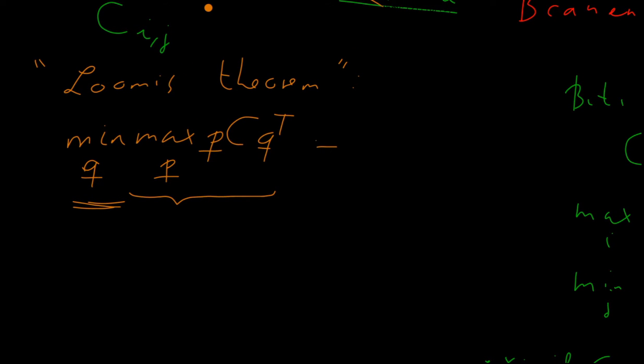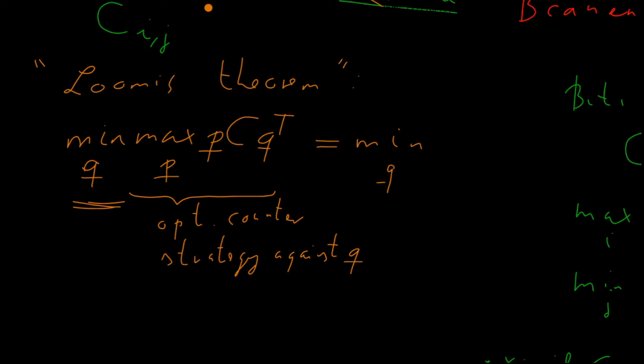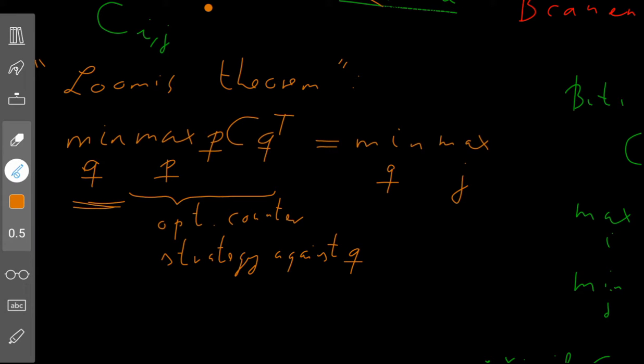If I decide to stick to my probability vector Q, then in order to construct the optimal counter strategy against Q, it's enough just to think among the pure strategies, and this can be written as taking the maximum only on the rows.